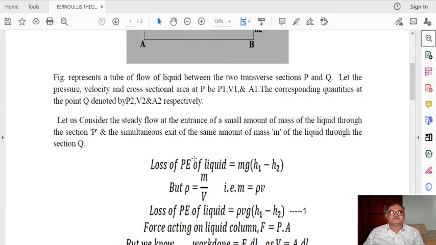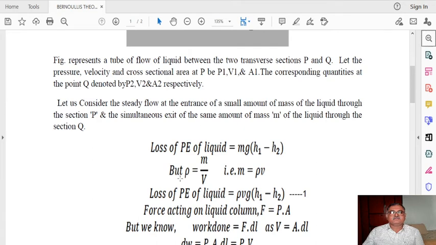How much? We know the formula for potential energy is mgh, and therefore the loss of potential energy of the liquid equals mg times the difference between H1 and H2, that is H1 minus H2.